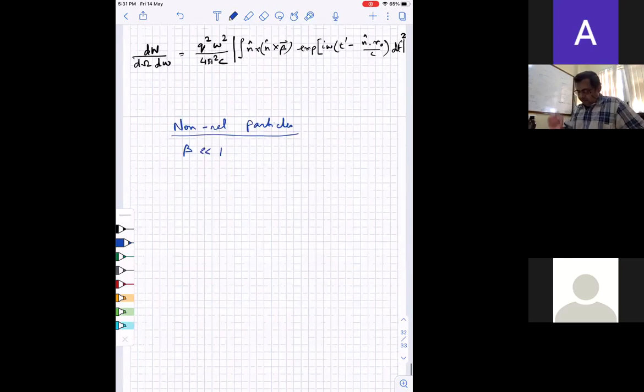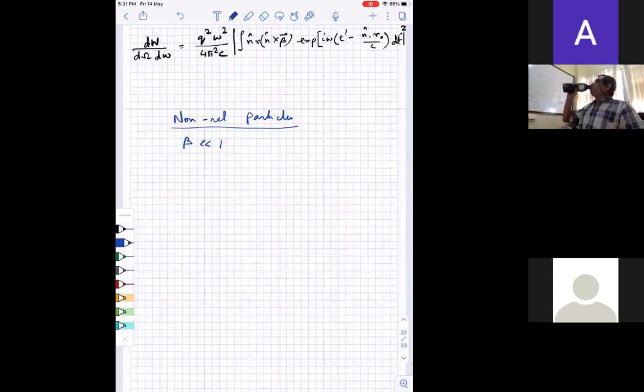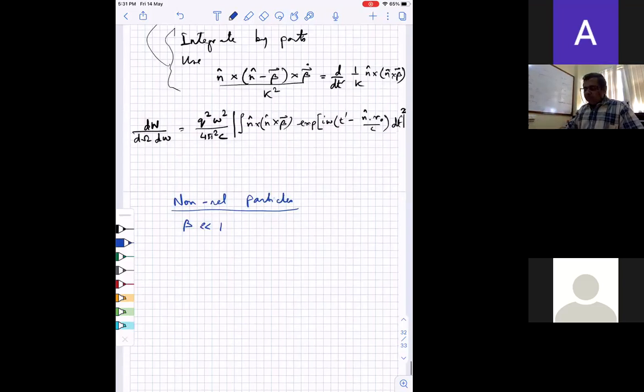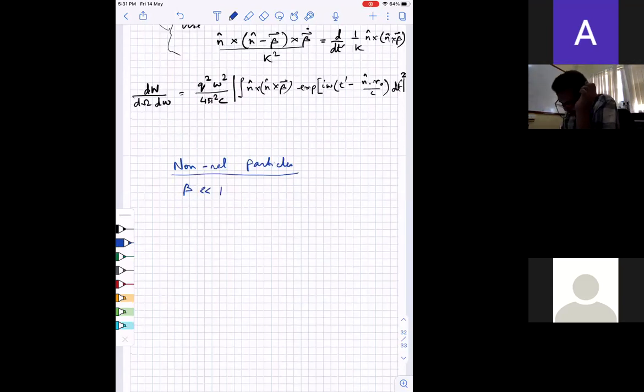So the first thing I want to say is that non-relativistic particles will simplify this quite a bit. Over here, if I take the ratio of the two terms that went into this electric field for radiation, the accelerating part and the non-accelerating part, this is R u dot by c squared.